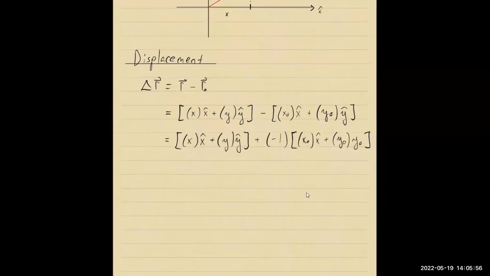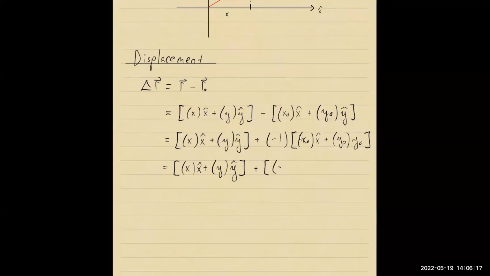So in this case, our final vector r remains unchanged. It's going to be x in the x direction plus some amount y in the y direction, plus this new vector, which is minus r naught. So this is going to be minus x naught in the x direction plus minus y naught in the y direction.